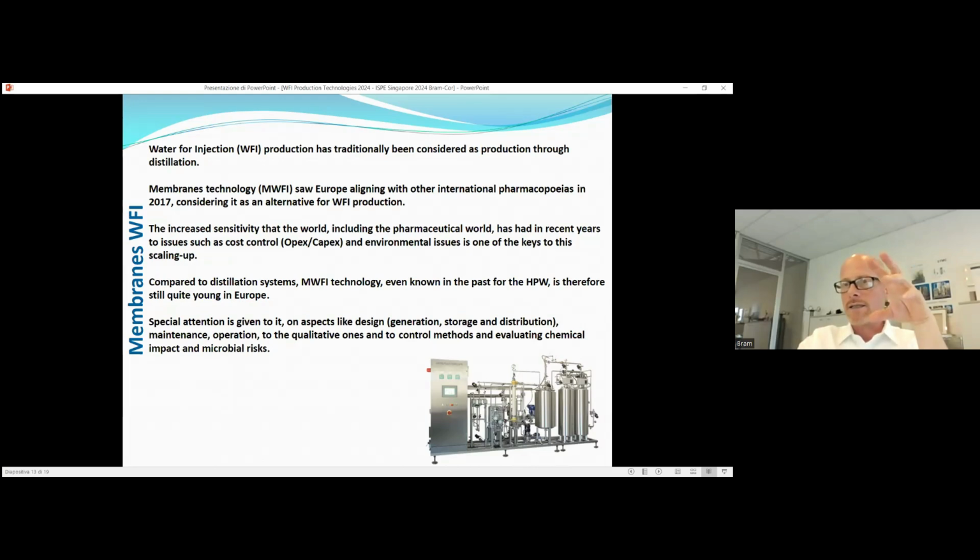This is, from a certain point of view, the reason why this system is starting to be accepted also in the pharmaceutical world, because clearly we are talking about a system like the PW generation, maybe with some adjustments, like it is recommended to have, in any case, hot water sanitization, certain controls, and it is required to have an ultrafiltration module after the electrodeionizer.